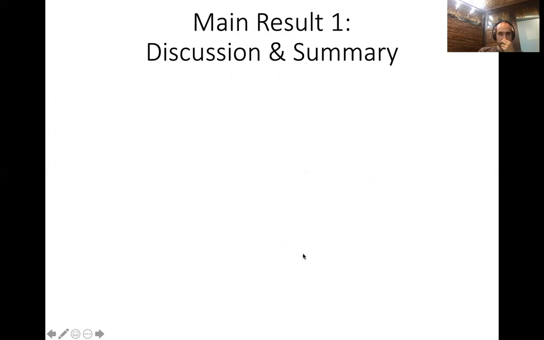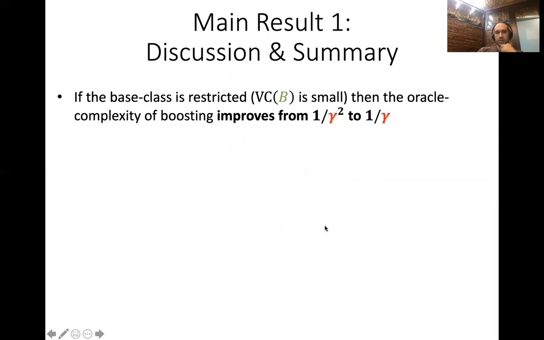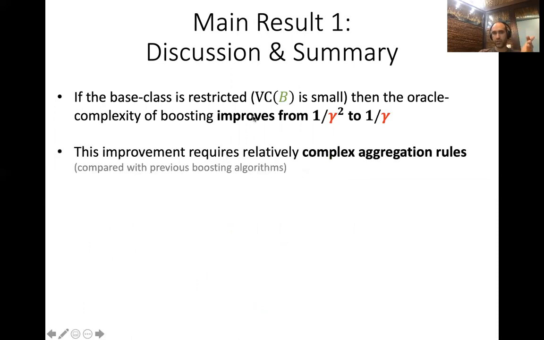Okay, so that's the first main result. The takeaway message, I think, is that if you utilize the assumption that the base class is restricted, then you can circumvent classical lower bounds. In particular, we demonstrated how to improve this oracle complexity lower bound. An interesting property of our algorithms is that they require relatively complex aggregation rules.